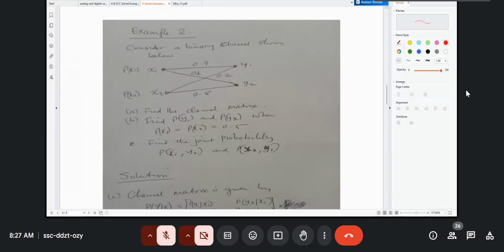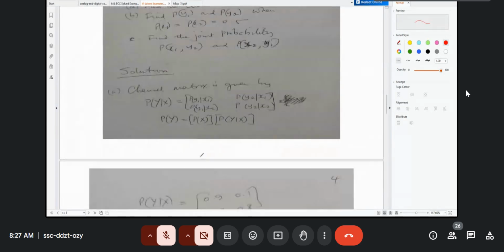Always remember, the channel matrix is the transition matrix, a matrix of transitional probabilities. That's what we call it.